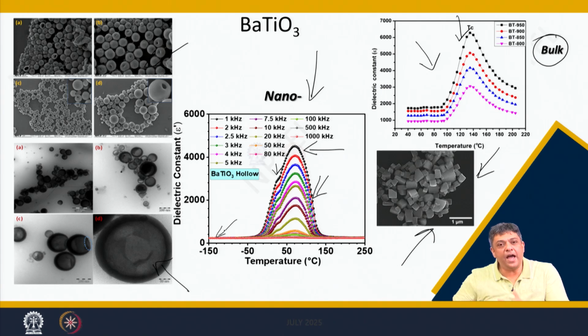So now just by changing the size you have changed the region at which the dielectric constant of a material will change. So if now you want to use barium titanate with a fixed dielectric constant in the range of let us say 100 to 150, you can use nano size particles because its dielectric constant is not changing.